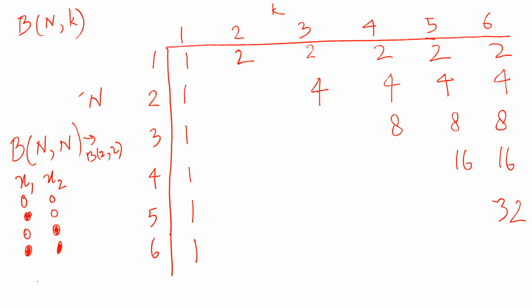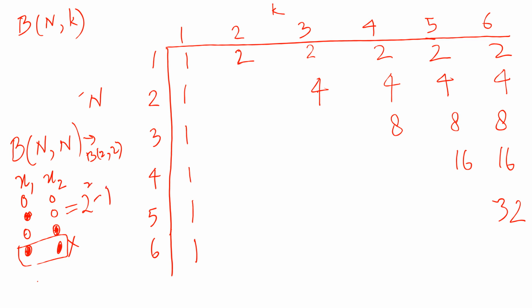Well, this is violating the definition of Bn of n because it is shattering all the points. One way of getting out of this is to just discard any one of these, so I'll be left with these 3, which is nothing but 2 squared minus 1.